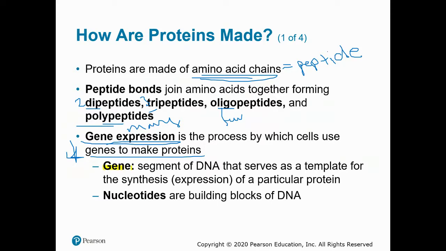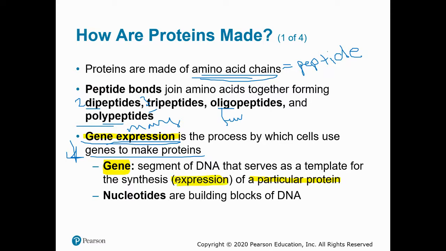So a couple other things here. Gene, right? This is just a segment of your DNA that serves as the template for the synthesis of a particular protein. So when we say gene expression, or when we say a gene codes for, this is what we mean. There's a segment of the DNA, which we call a gene, and that gene has the instructions to build or express a particular protein.